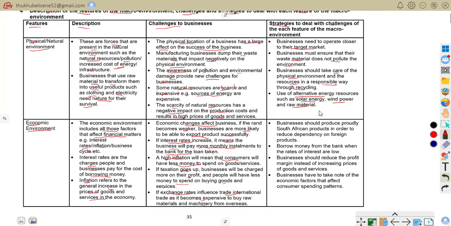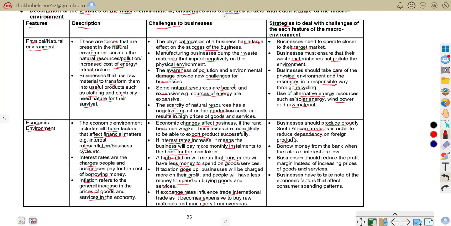So now let us come to the strategies to deal with the challenge of the economic environment. Business should produce proudly South African products in order to reduce dependency on foreign products.